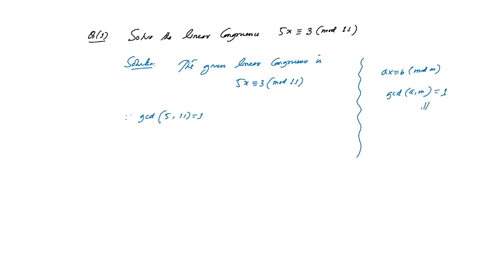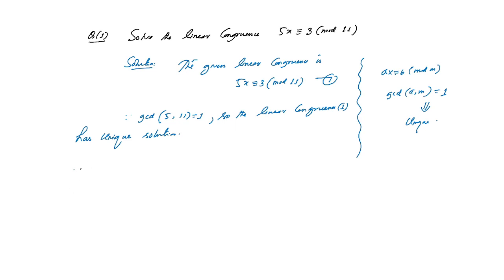GCD is 1, so the conclusion is that the linear congruence has a unique solution. So the solution exists, and the solution will be unique. It is sure that a solution will exist, and exactly one solution will exist.